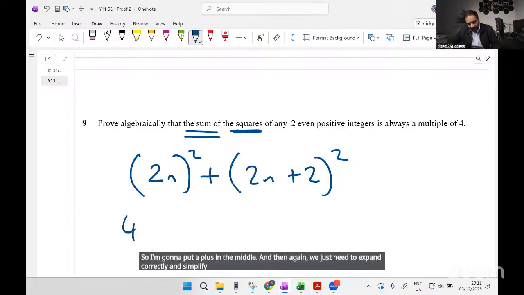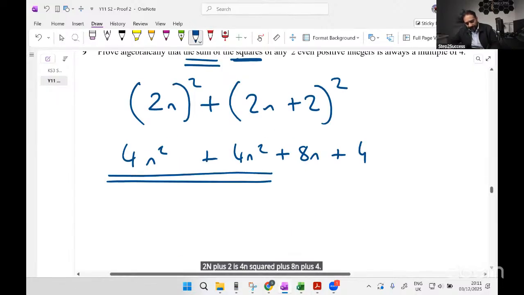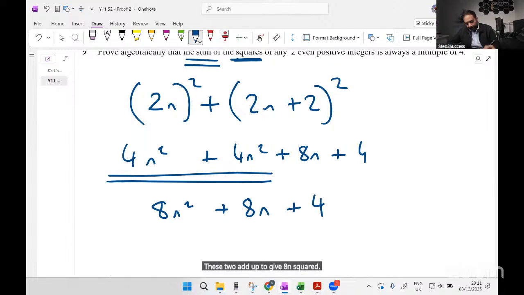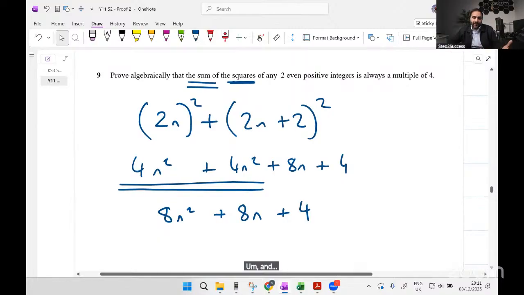2n all squared is 4n squared. 2n plus 2 squared is 4n squared plus 8n plus 4. These two add up to give 8n squared, and we get this far. Now, how do you prove that this is a multiple of 4?